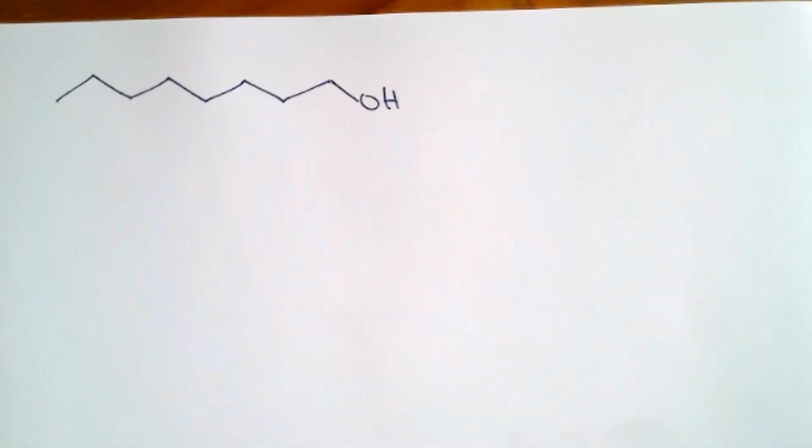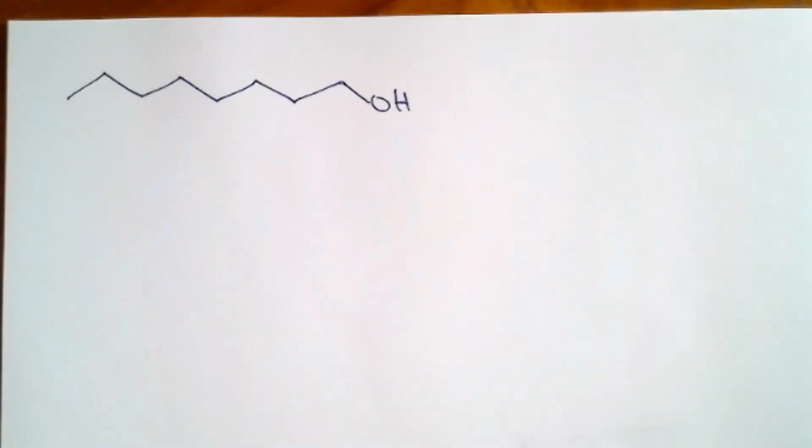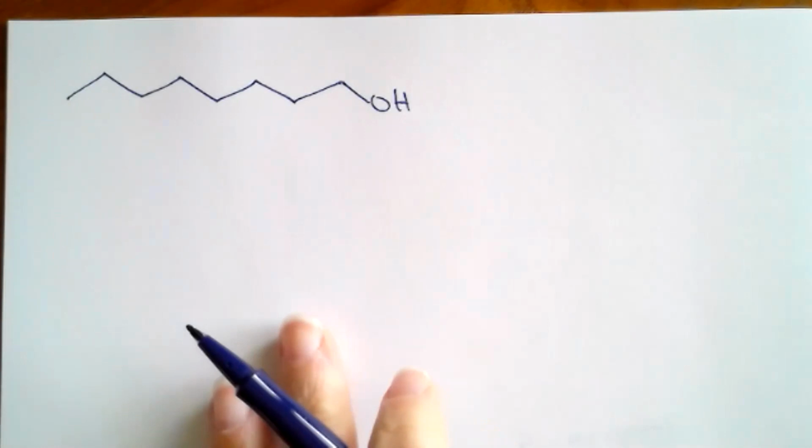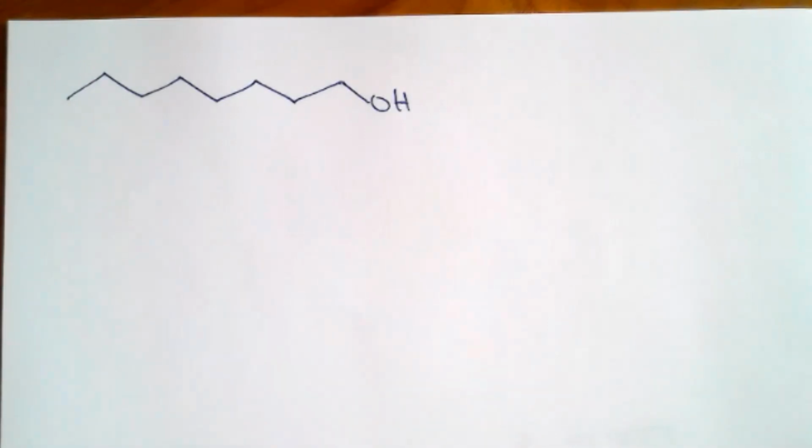That's this guy. If your memory is pretty good, we just synthesized this thing, but we synthesized it from an epoxide. But now that we know Grignards also attack carbonyls, we could envision this thing being made from a carbonyl and a Grignard reacting together.